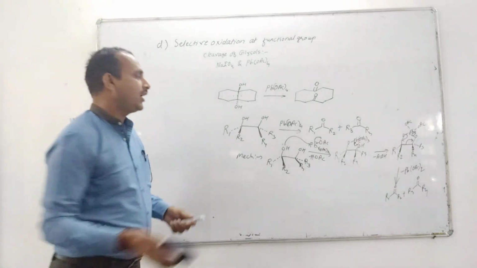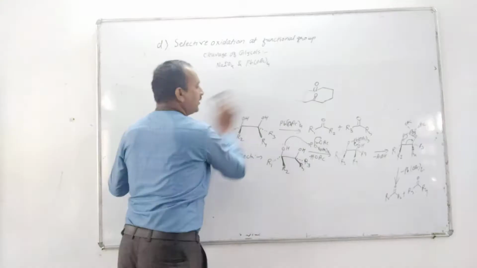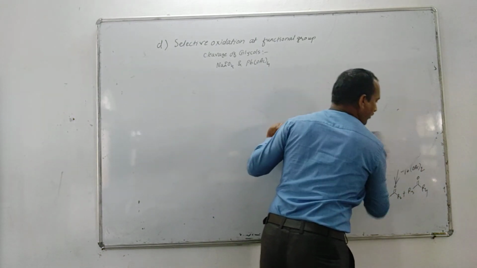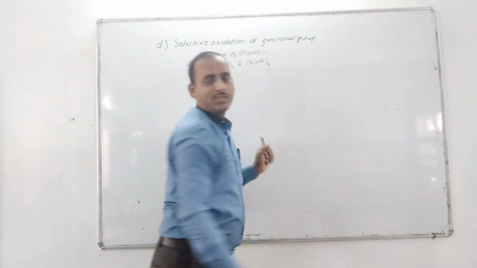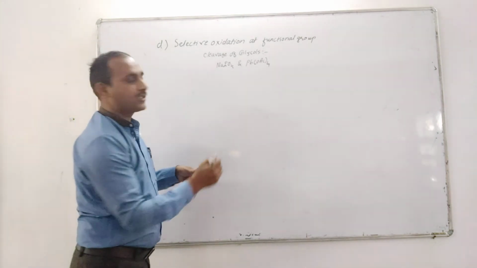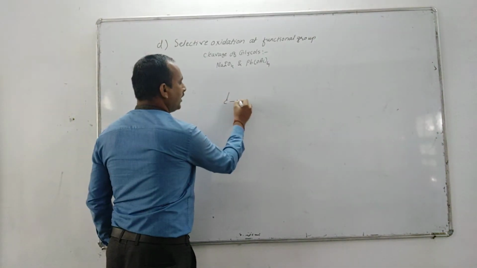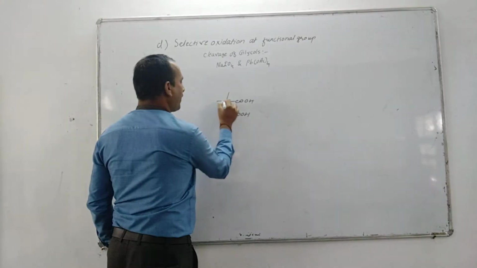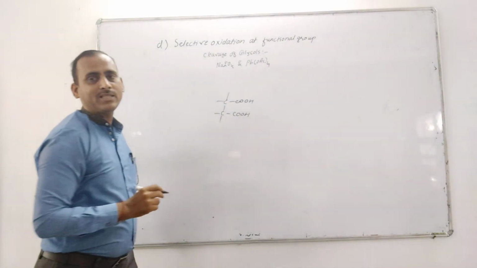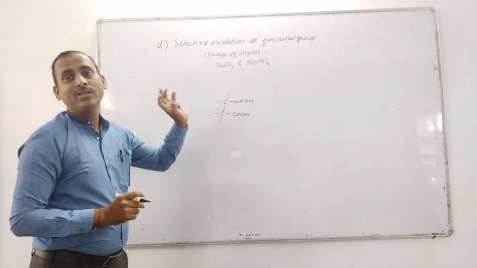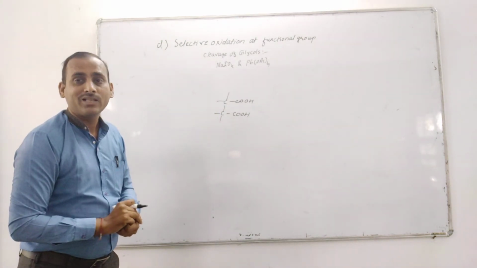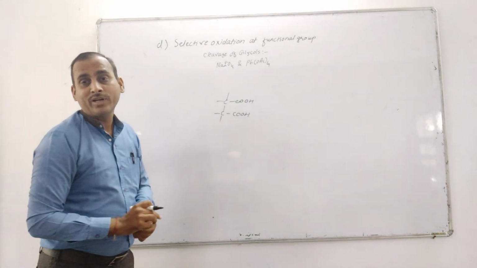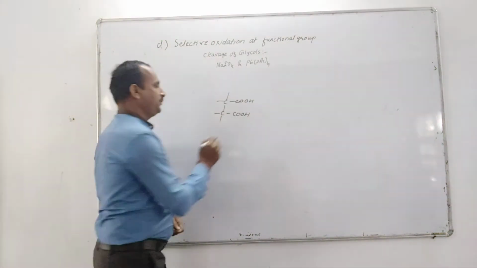So let's take another example. Now the dicarboxylic acids, COOH, with the dicarboxylic acid present on adjacent carbons. Now by using lead tetraacetate, this dicarboxylic acid gets converted to an alkene.